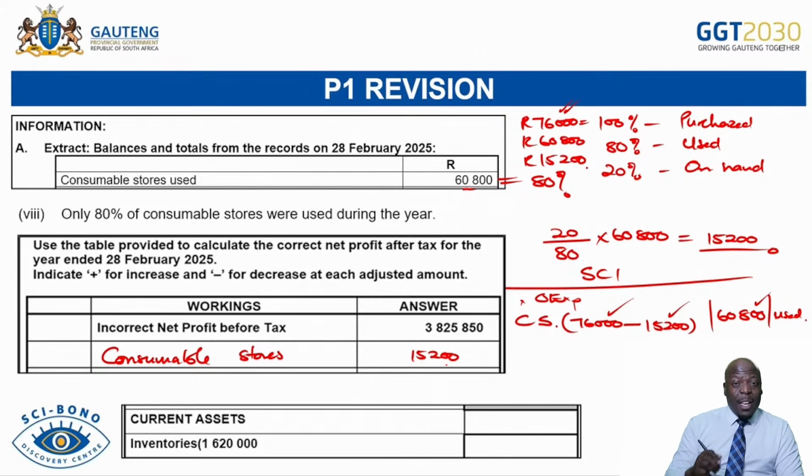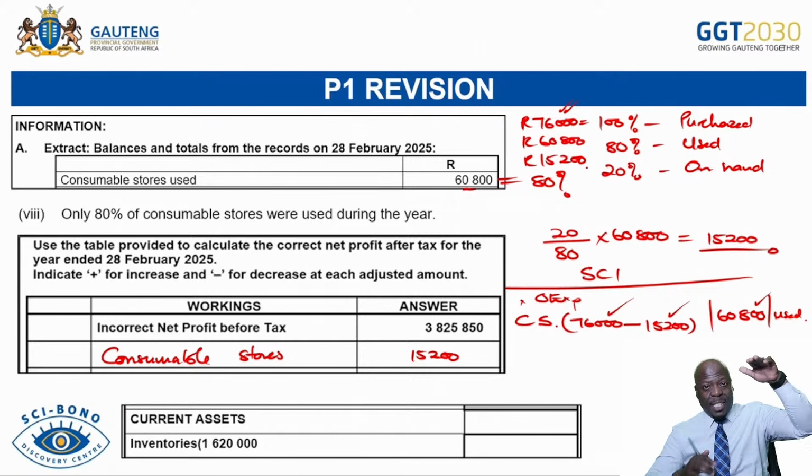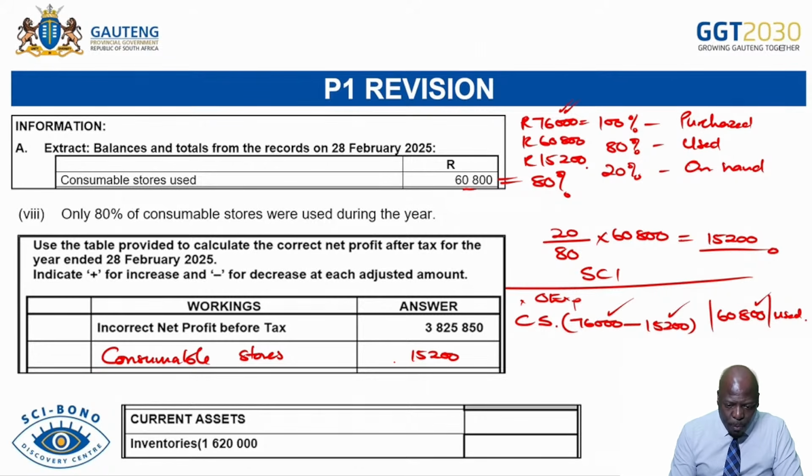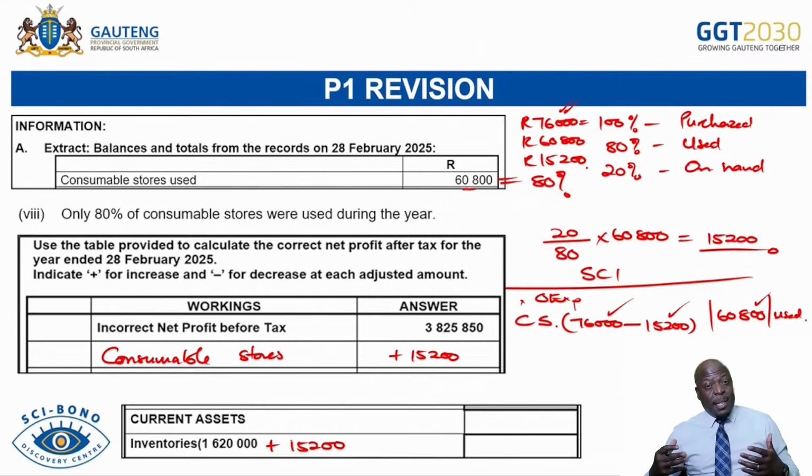Remember, the profits were understated because expenses were overstated, so we would be adding that 15.2 so that we reinstate our profits. And the same 15.2, we then add to our inventories, plus 15.2. But in most cases, the examiner would be very clear as to what would have transpired so that you can do the correct recording. All right?